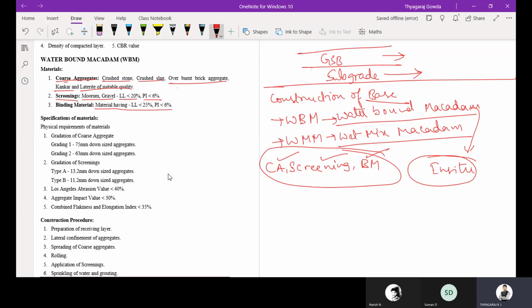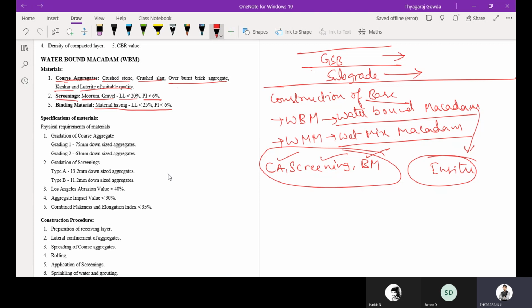So the materials used for the construction of waterbound macadam are coarse aggregates, screening material and binding material. Coarse aggregates consist of crushed stone, crushed slag, overburnt brick aggregates, conker, laterite. The screening material is used to fill the voids between the coarse aggregates, and involves murram or gravel whose liquid limit is less than 20 and PI less than 6%.